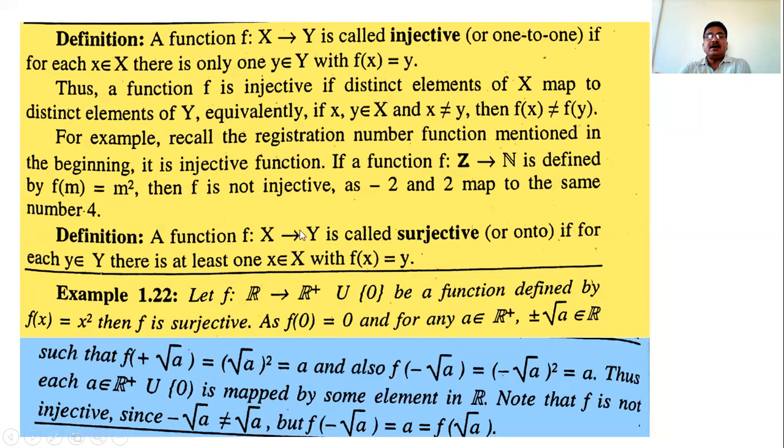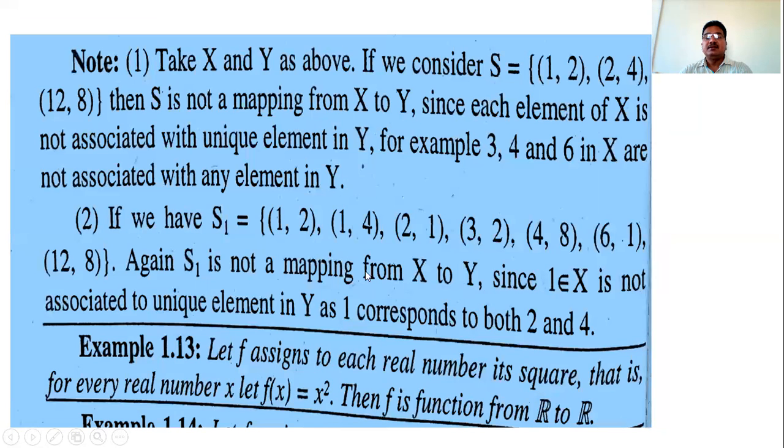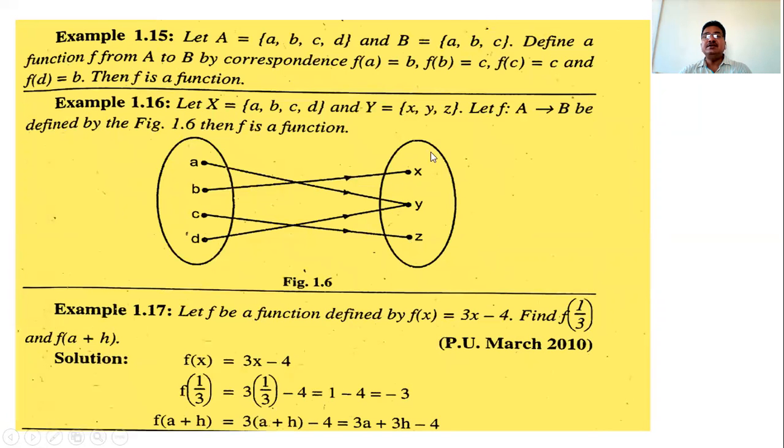If there is an element in Y that has no pre-image, then the function is not surjective. For example, in the previous examples, this function is injective. This function is surjective, not injective. It is surjective because the codomain Y contains three elements x, y, z, and all of them have pre-images. The pre-image of x is b.